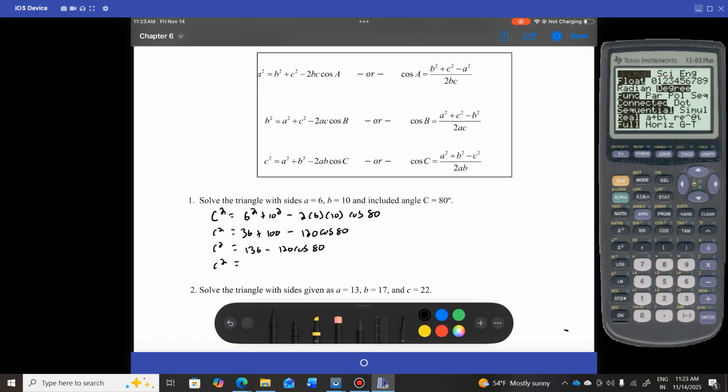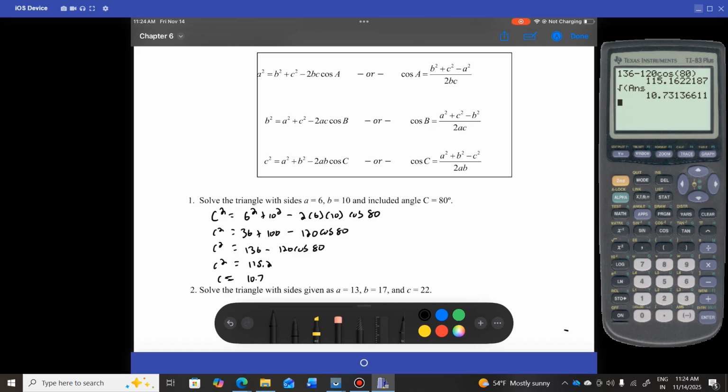Let me just check, make sure my mode is right. Yep. And I get 115.2. And so I'll take the square root of this. You get 10.7. Right, so that's your side C.